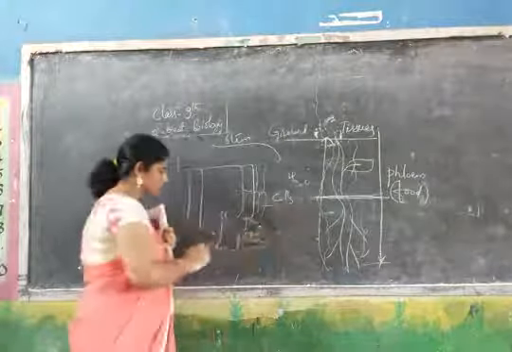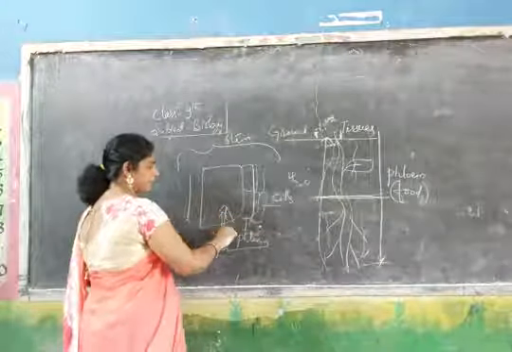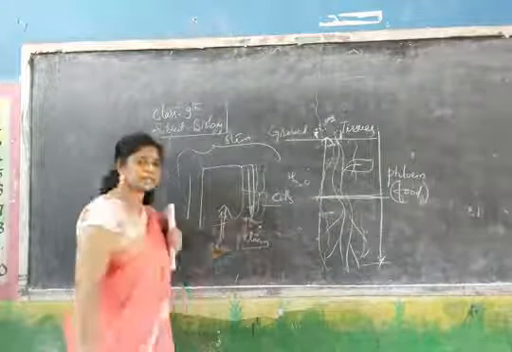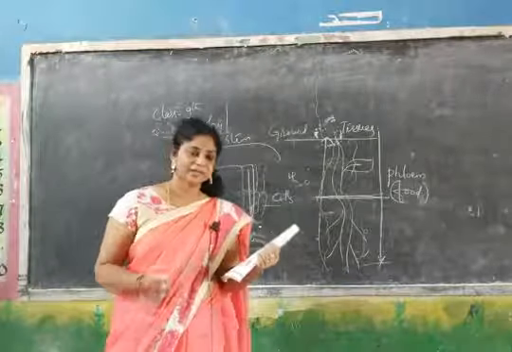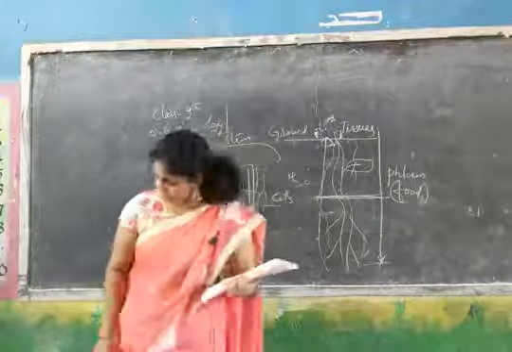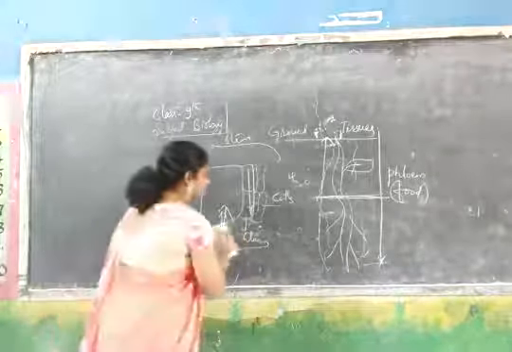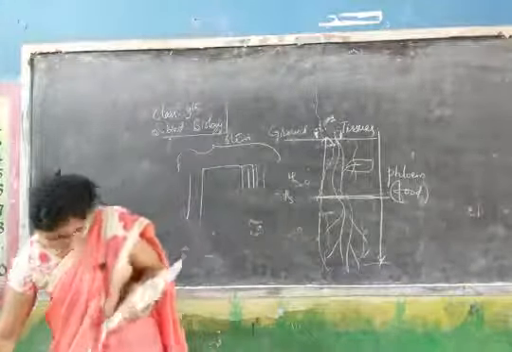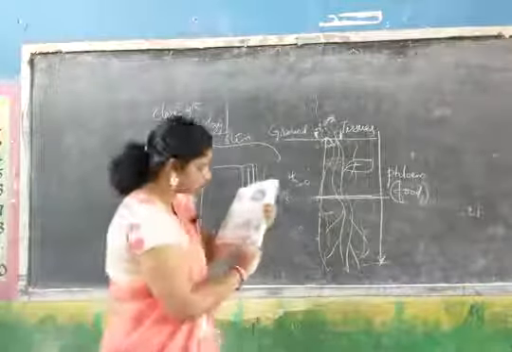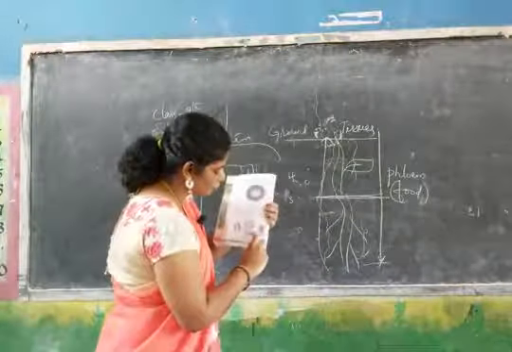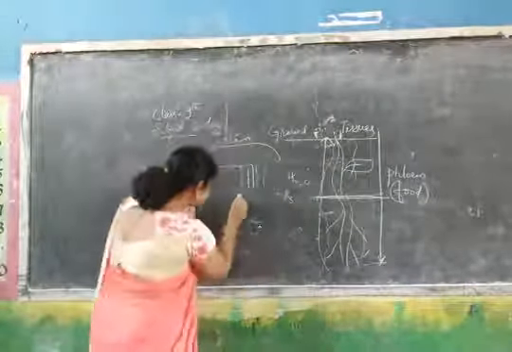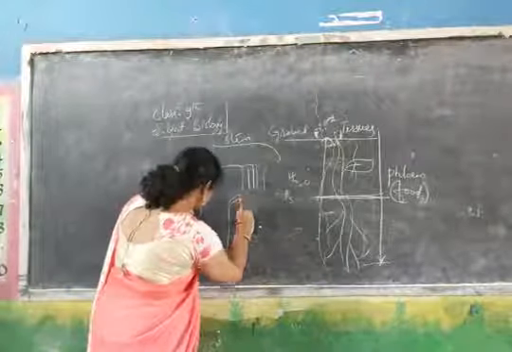This is the structure, actually the movement, xylem like this, and phloem movement in the opposite direction. See here, if you go for separate structures of xylem and phloem, this is the structure of a xylem cell.